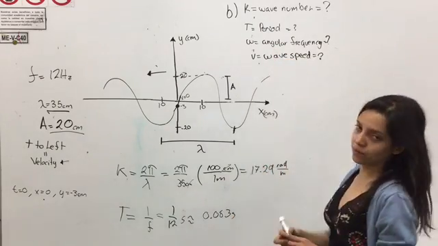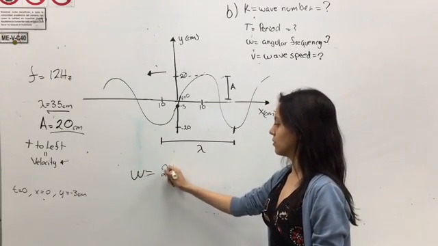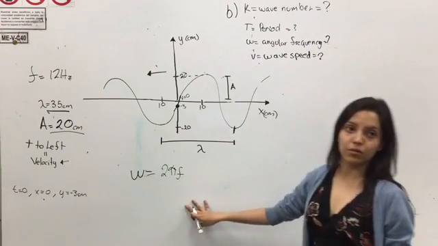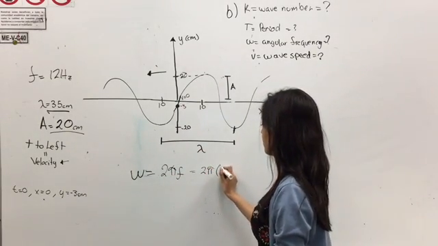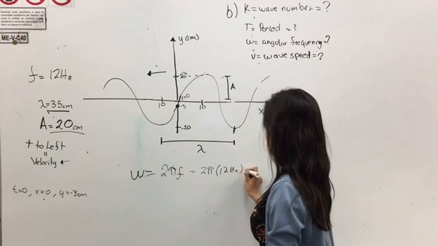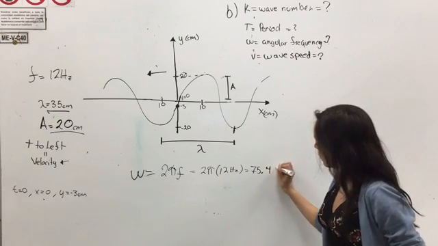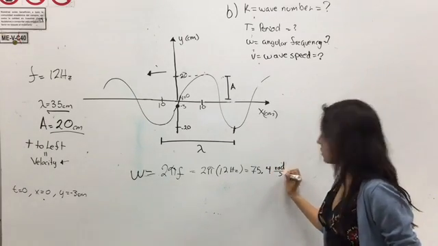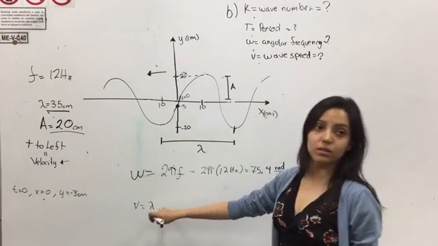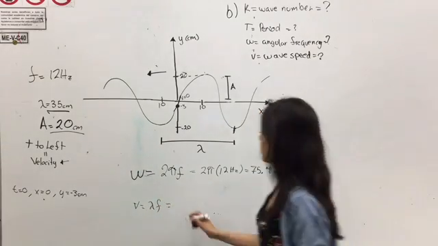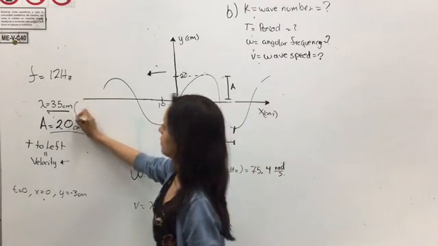For solving the angular frequency, we know that omega equals 2 pi times the frequency. So you only have to substitute those values and you'll get 24 pi, or that is equal to 70.4 radians per second. Now we have to solve the speed of the wave, and the formula for this is lambda, the wavelength, times the frequency.